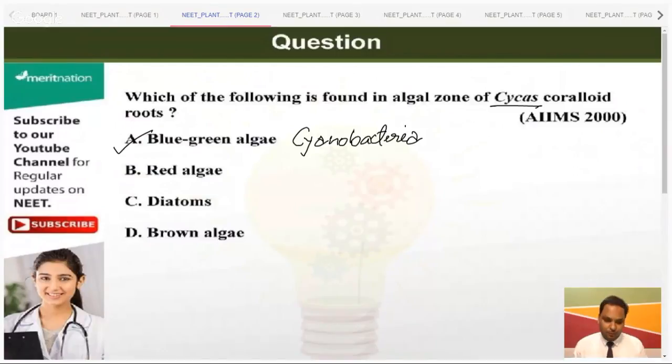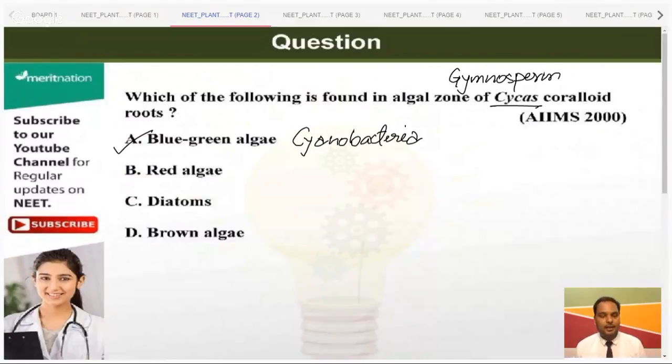It's a gymnosperm. Fantastic. Normally we divide gymnosperms into two broad categories, Cycadales and your coniferous, Cycas and Pinus. Fine, all right.